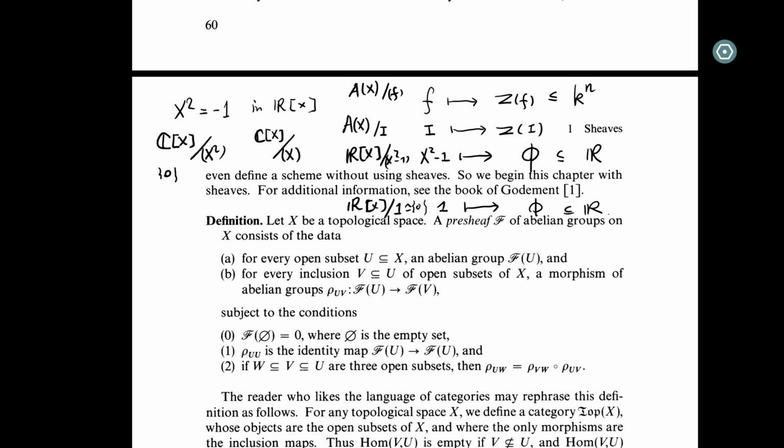So there are some problems with the classical algebraic variety. The geometric point of view is not subtle enough, it's not delicate enough to remember the algebraic structure.